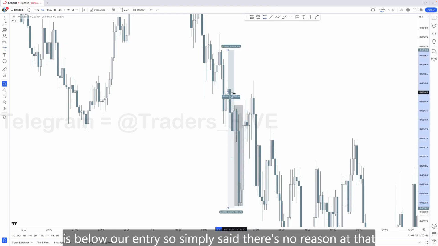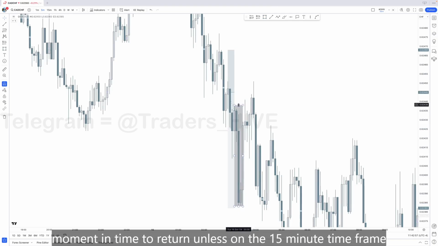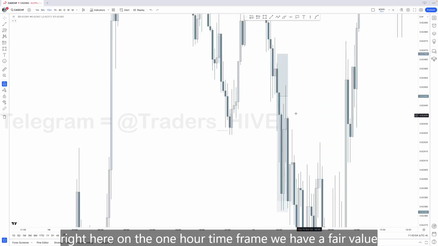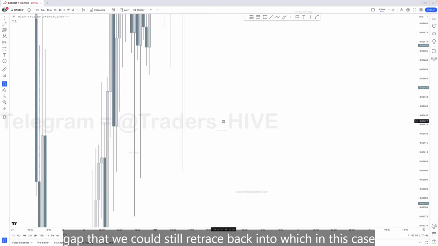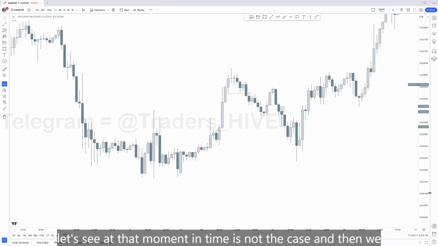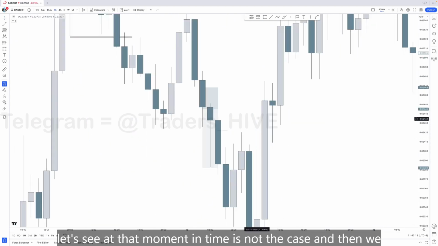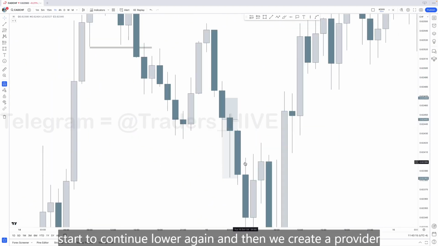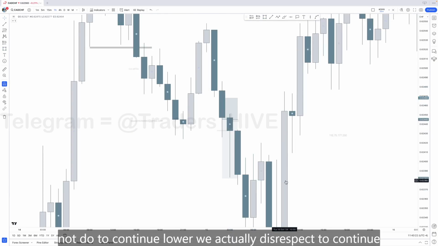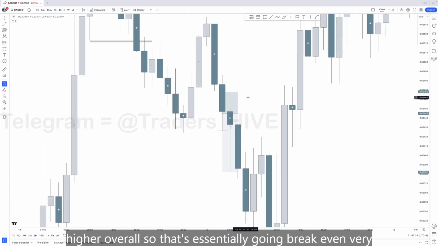So simply said, there's no reason at that moment in time to return, unless on the 15-minute time frame right here, on the 1-hour time frame, we have a fair value gap that we could still retrace back into, which in this case, let's see, at that moment in time is not the case. And then we start to continue lower again, and then we create a fair value gap we could potentially retrace back into later on, which we do not do to continue lower. We actually disrespect it to continue higher overall. So that's essentially going break even.